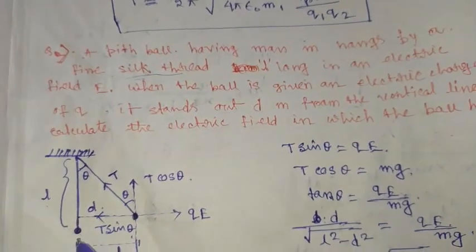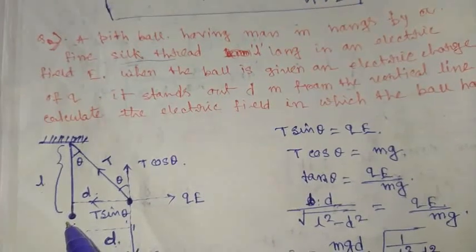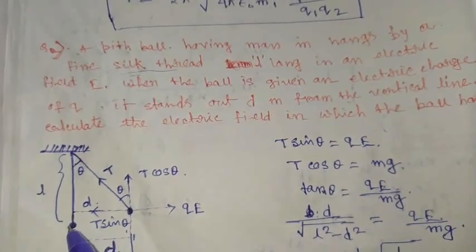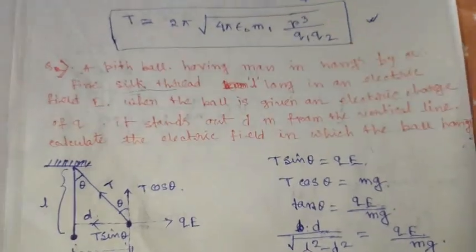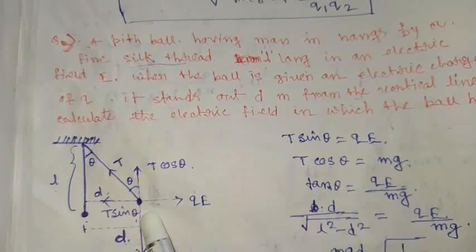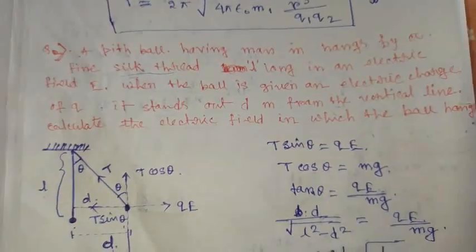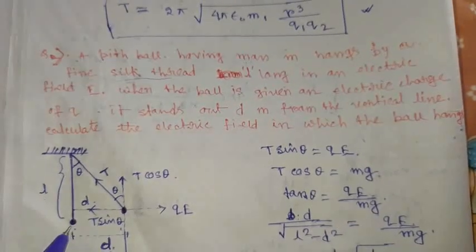When the pith ball is given some charge Q, due to the Coulomb force, the pith ball attains a new stable position here, that is, it displaces a perpendicular distance d from its initial position.